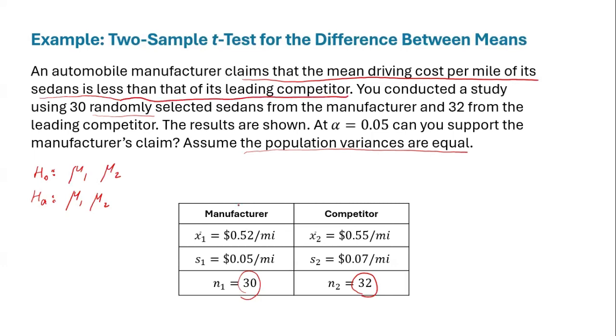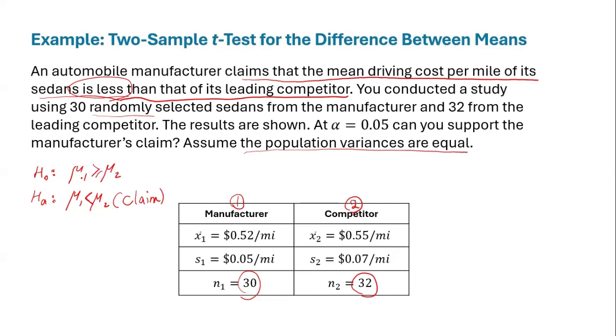If the manufacturer is the first sample and the competitor is the second sample, that means mu1 is less than mu2. Where do we put mu1 less than mu2? In the alternative, because the alternative does not include an equal sign. And that's the claim. And if the alternative is less than, it means that the null is greater than or equal to.